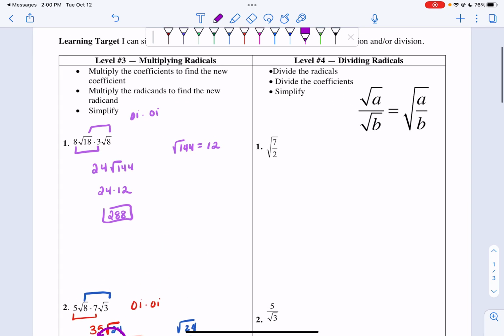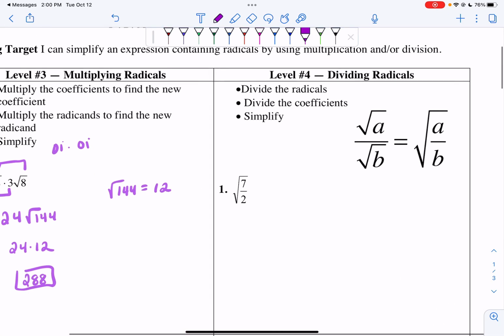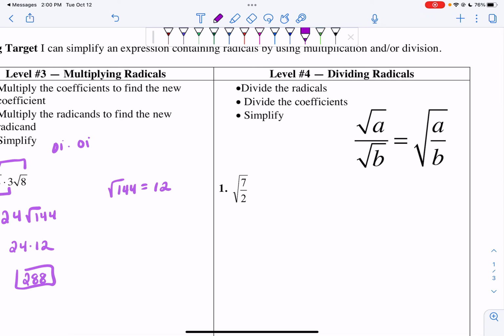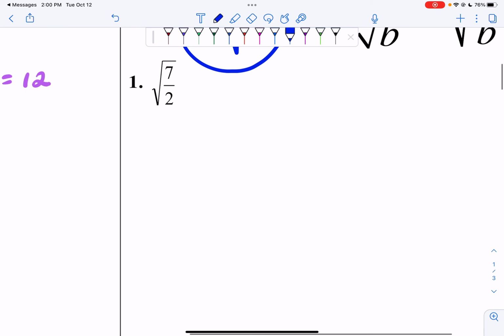Okay, let's go on to our next set of examples where we do some division. When we divide radicals, we simply divide our radicals and divide the coefficients, and then we simplify. One thing we do not want is any radicals in our denominator. If I have a radical in my denominator, that's a no-go. So I look at my first example, radical 7 over 2.